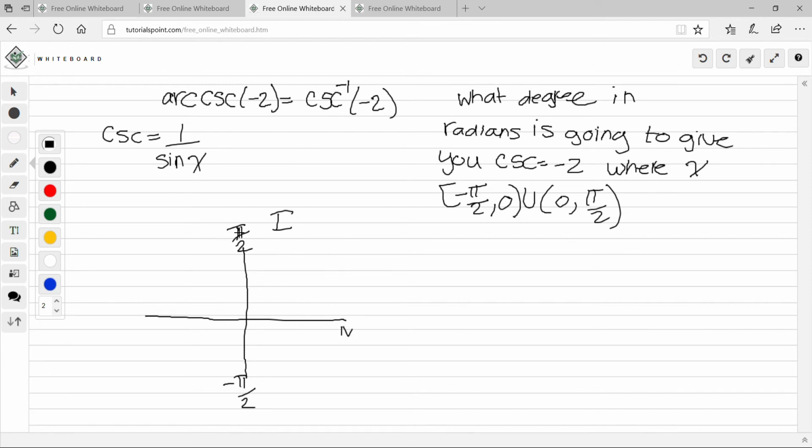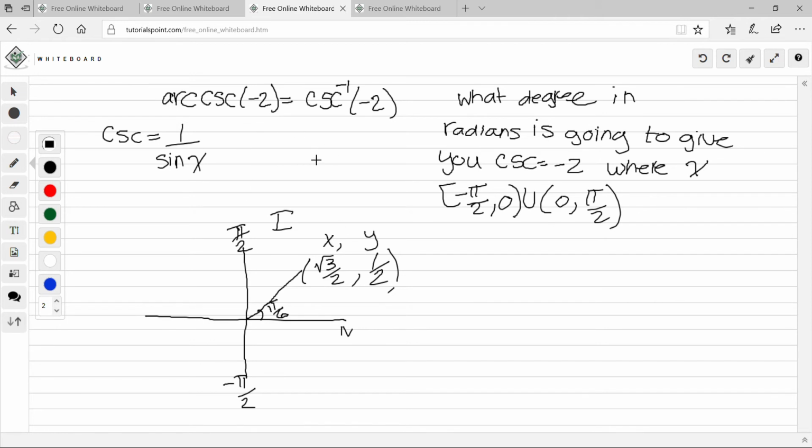So I will try pi/6. So this is pi/6, and pi/6 has coordinates of √3/2, 1/2, right? Here's our x, and here's our y.